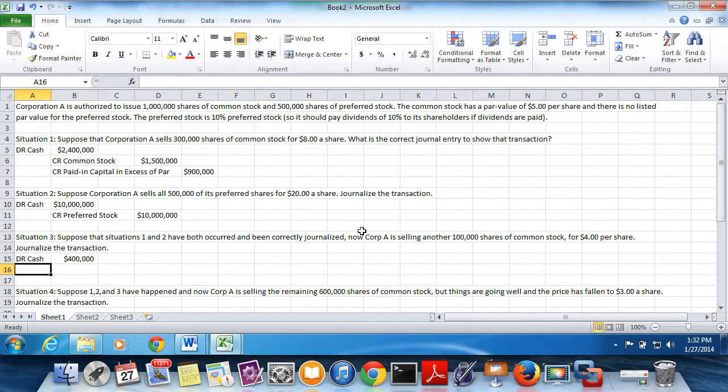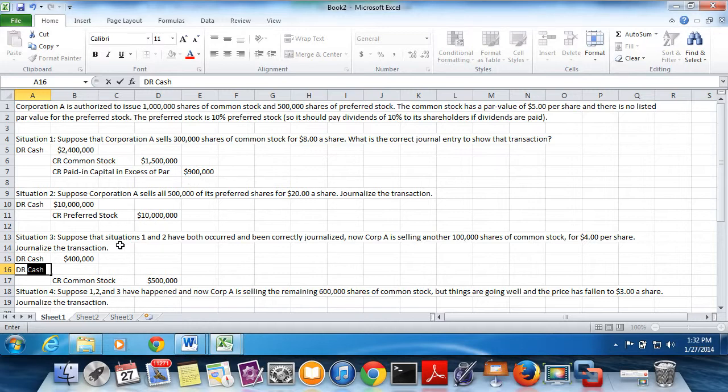I left a space there, and I'll come back to that. The next step I would do is credit what we know the par value is. So we're going to credit common stock for the par value of 500,000, because if we had sold this for par, it'd be 100,000 times $5 per share, and that would be 500,000. Since we didn't sell it for that, to balance this entry out, we need to debit the account up here, because we see it has a balance in it.